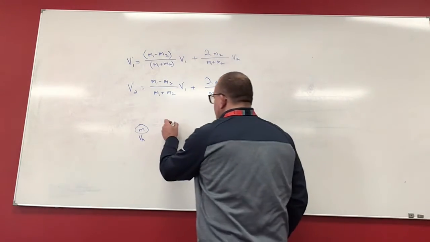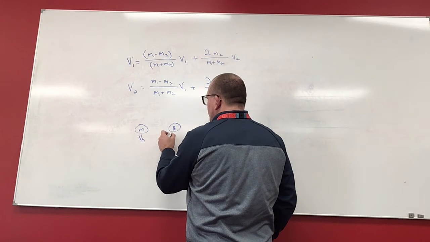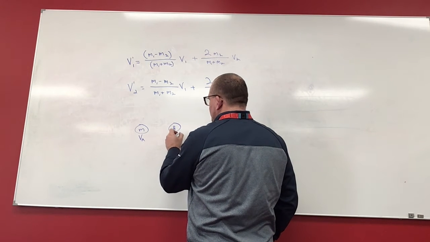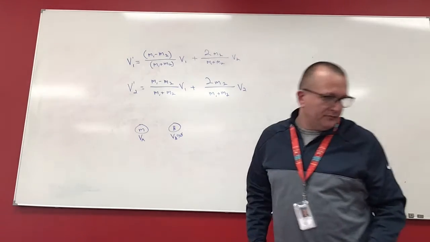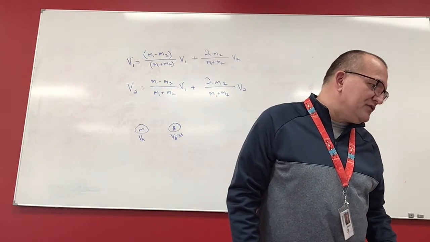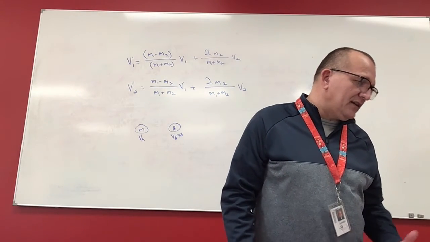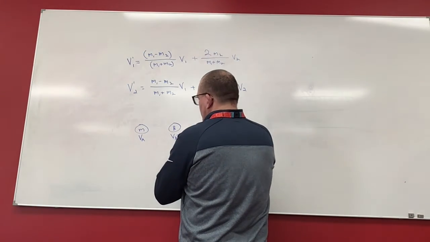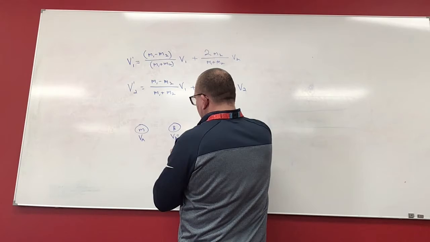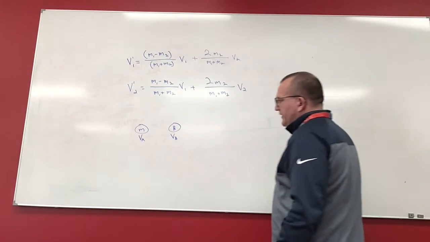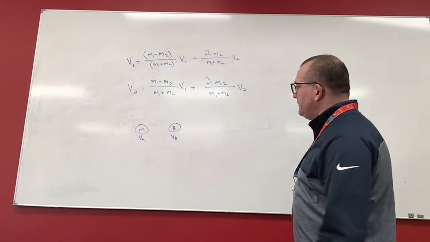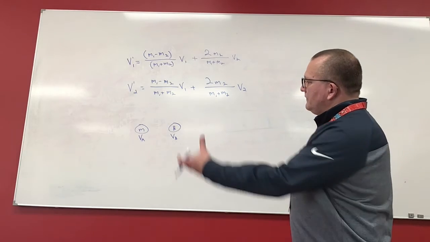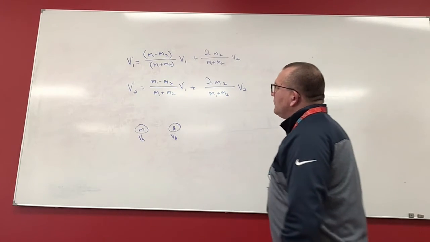B is here, which has an initial velocity, but it looks like it's standing still, so we'll say it's 0. What are the speeds of the two balls after the collision, assuming it is elastic? They're going to collide. Even if B has a velocity, we'll leave it as having a velocity for now, because in part B we want to see if it's 0. So this is what happens. Let's take a look.